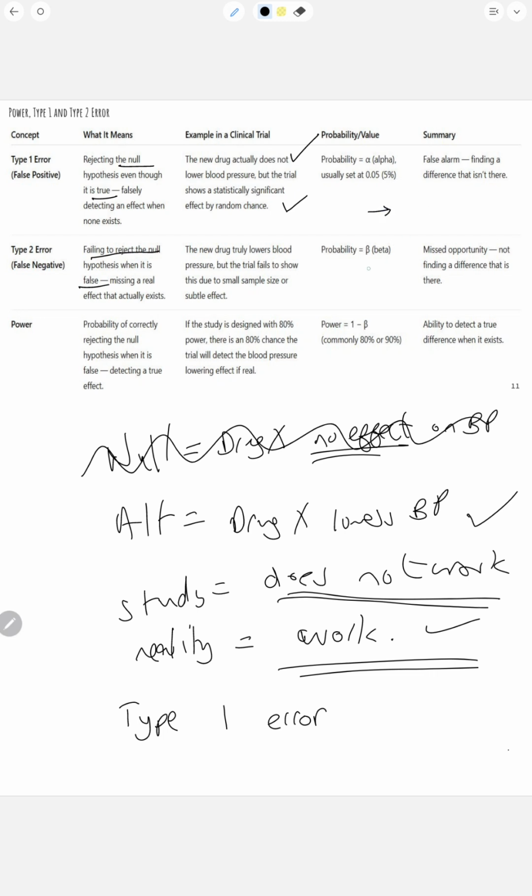And the opposite, meaning if you conclude that your drug does not work, meaning you're accepting your null hypothesis, but in reality it does work, then what you've done is a missed opportunity there, right? Not finding a difference that is actually there. That's a type 2 error.